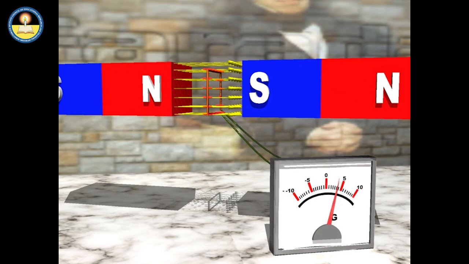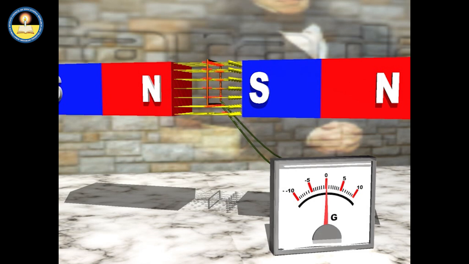On the other hand, when the coil is moved entirely inside the magnetic field, the magnetic flux linked with its cross-sectional area does not change. Due to this, no induced current is produced in the coil and the galvanometer does not show any deflection.